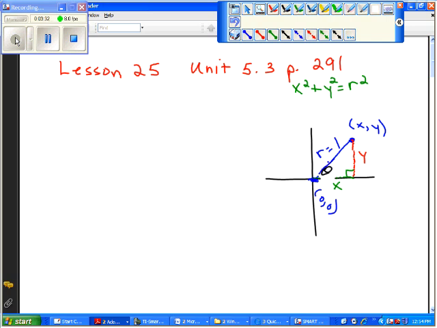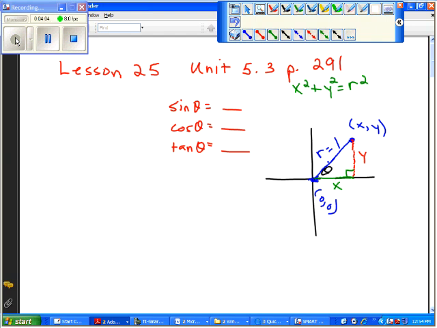I keep trying to mess up my Greek letters. If we let the angle be theta, then we could say the sine of theta is something over something. And the cosine of theta is equal to something over something. And the tangent of theta is something over something.